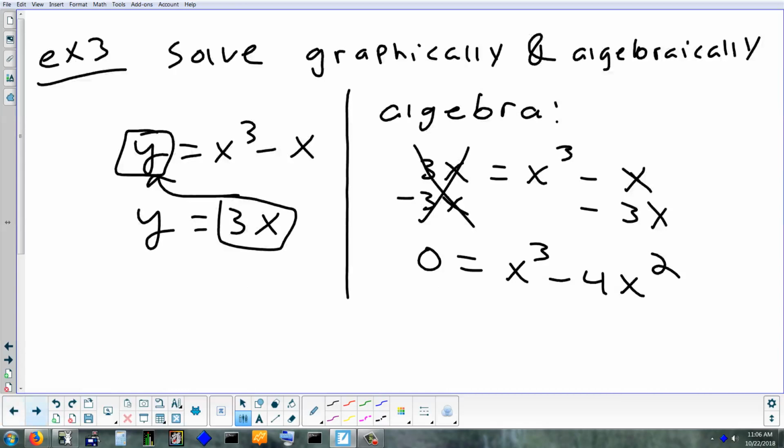What's the common factor between x cubed and negative 4x squared? Yeah, it's x squared. Okay, so Kaya told us that common factor, but now what we're going to do is factor it out. So we've got x squared. And what would that leave me with if I factor that out?